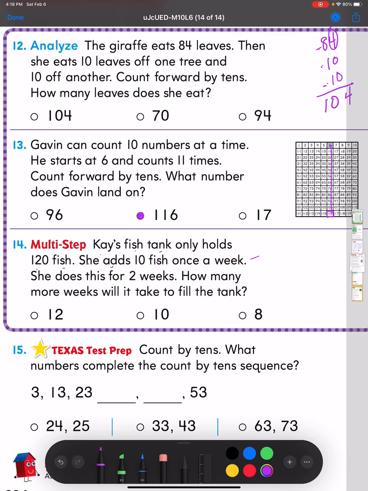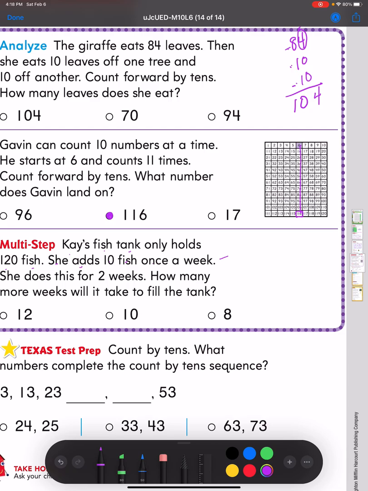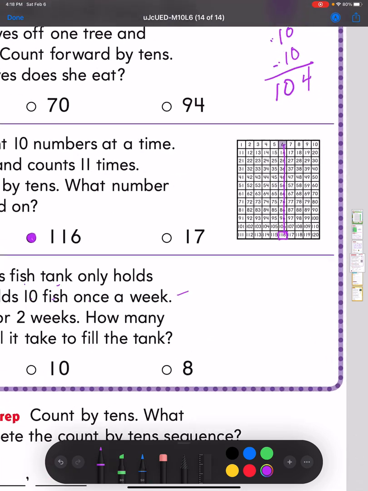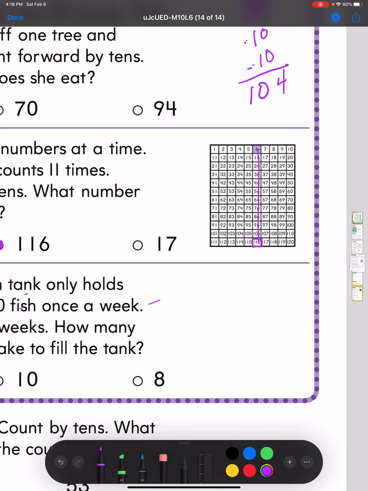Okay, so on week one, she started at 10 fish. And then she did 10 more the next week. So she's done 2 weeks. And she wants to know how many more weeks it will take to get to 120.